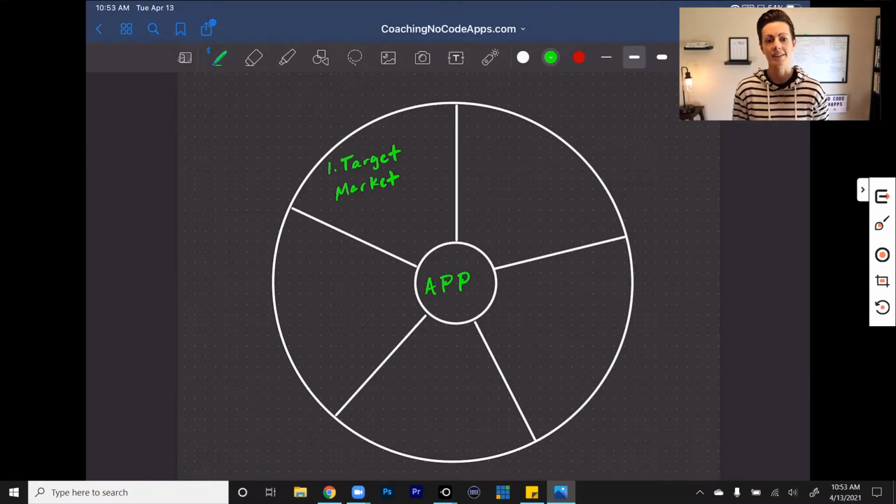You need to dig deeper and you need to differentiate your app and who your app is for in some way, or define who it's for, because when you are connecting with your target market, you need to be able to help them understand exactly why it's for them specifically, and it needs to be easy to convey that. It's hard to do that if you haven't defined your target market. It's much easier if you have.